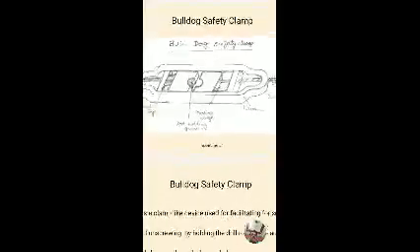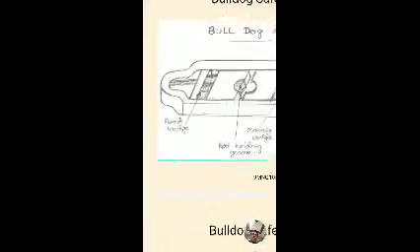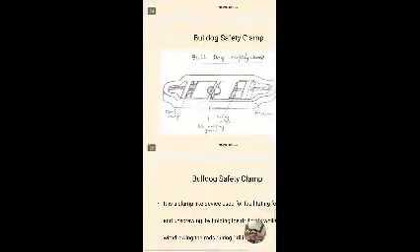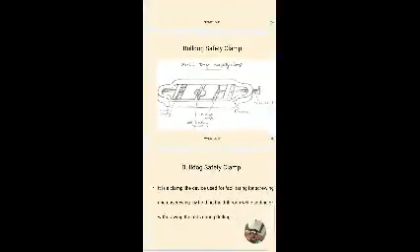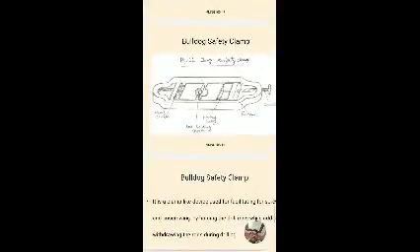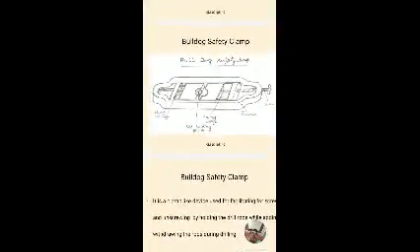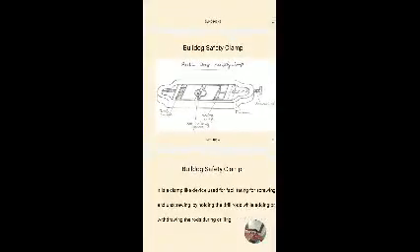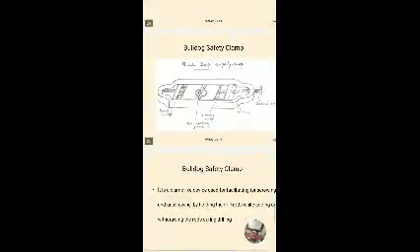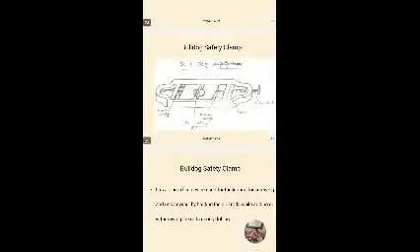This is the bulldog. Once again, this entire accessory is called the bulldog safety clamp. This clamp is used to hold the circular pipes, circular shape drill rods, while screwing and unscrewing from the drill hole.